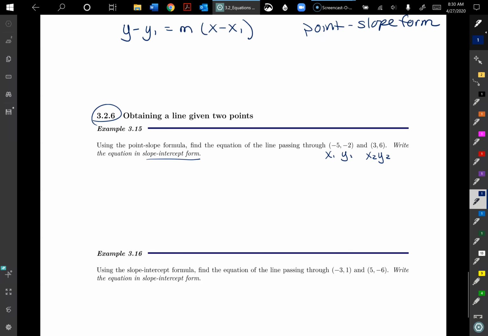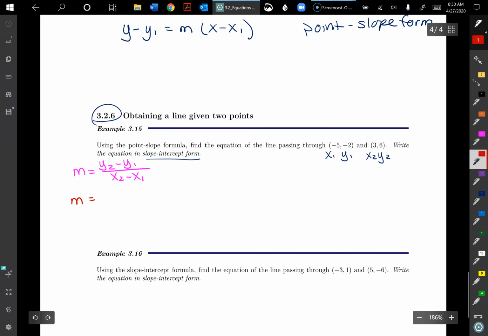So we can just figure out our slope. We don't have our slope, but we can just use our formula, right? So we would have m equals y sub 2 minus y sub 1 over x sub 2 minus x sub 1, and then just go ahead and plug these values in right here.